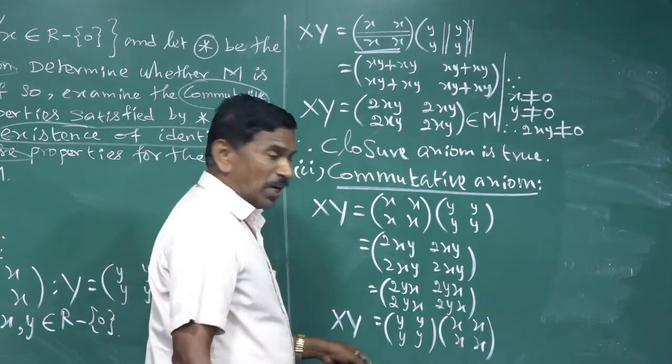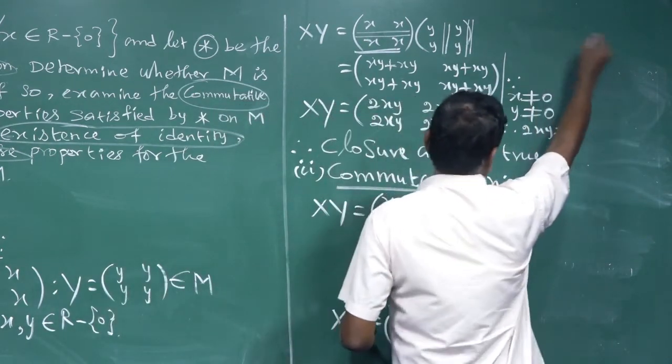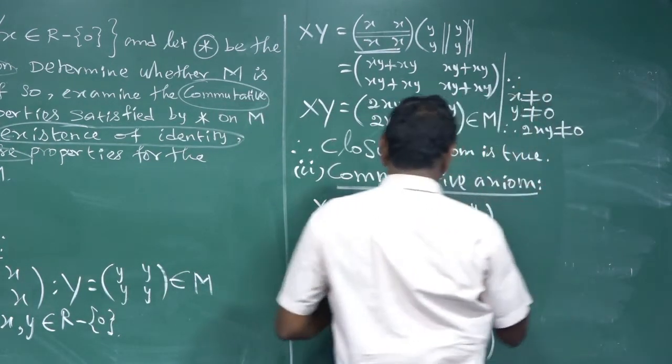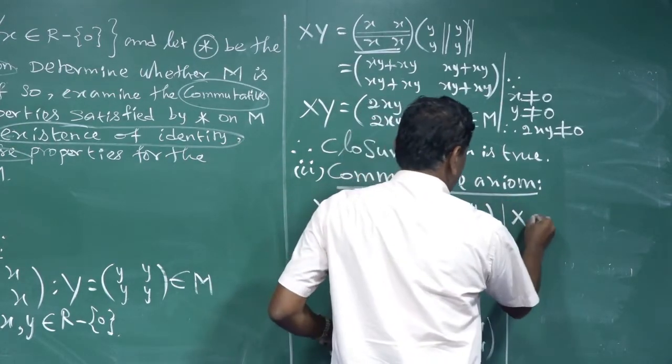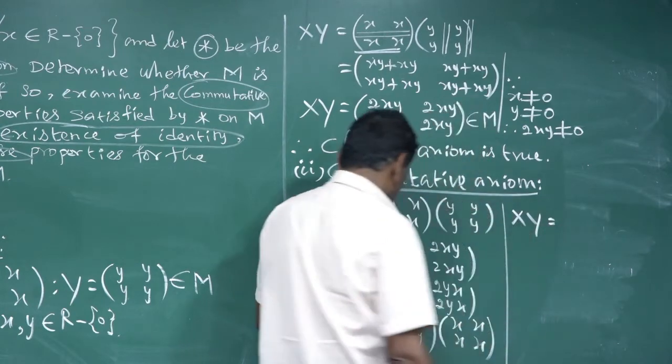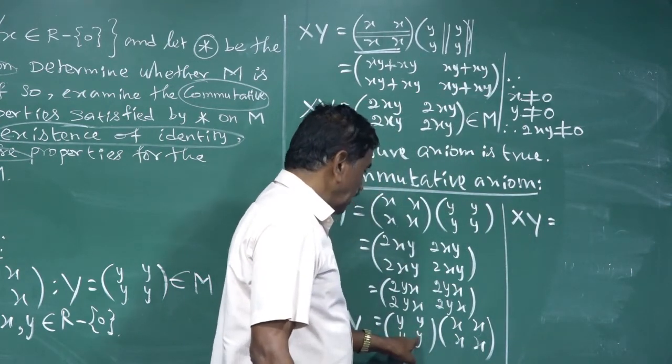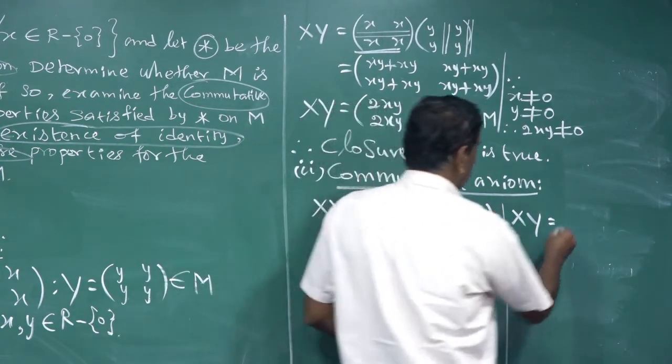It is going on in continuation. Now XY is equal to, here there is no place, so I want to write here, X into Y is equal to, here y is equal to capital Y.